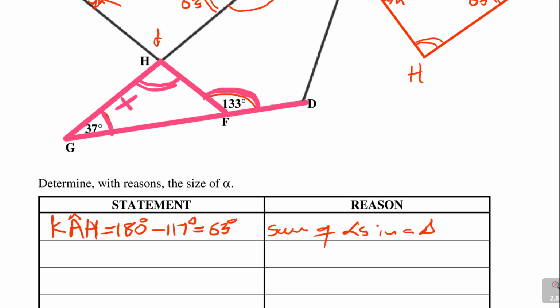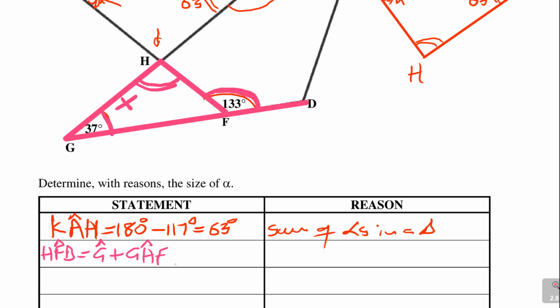I can use that statement, and I'll write it like that to say the angle HFD is equal to angle G, is on its own there, plus angle GHF.